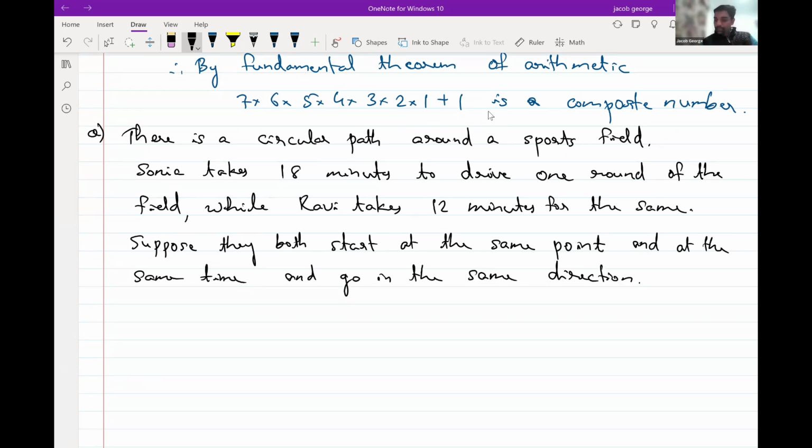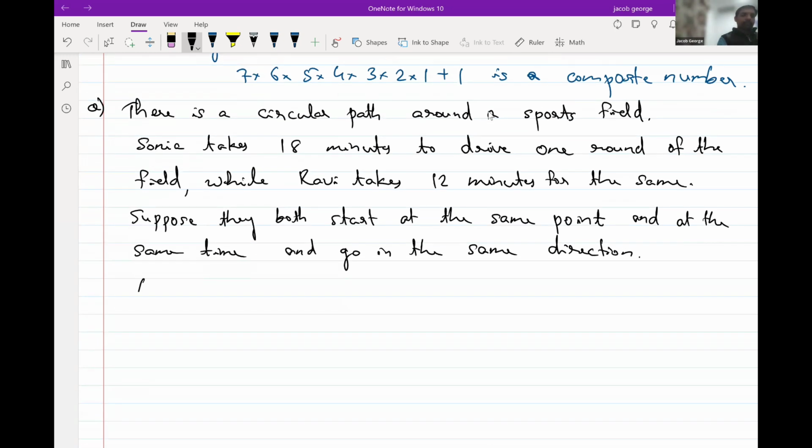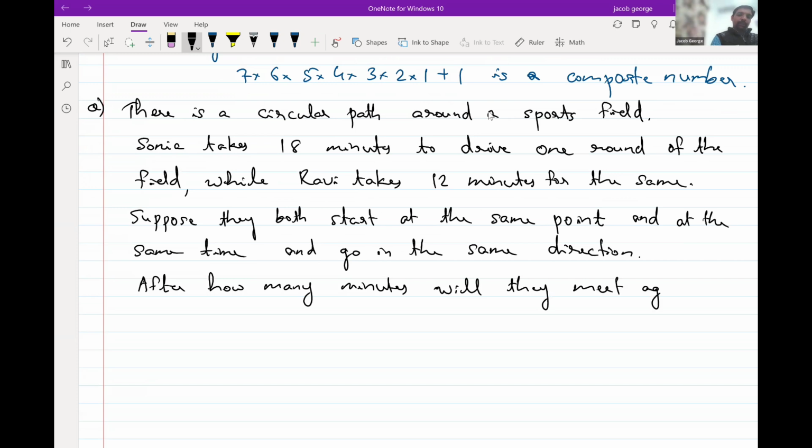After how many minutes will they meet again at the starting point?